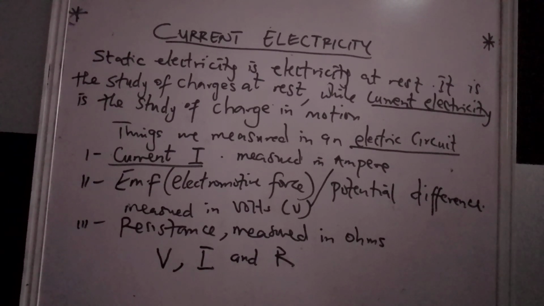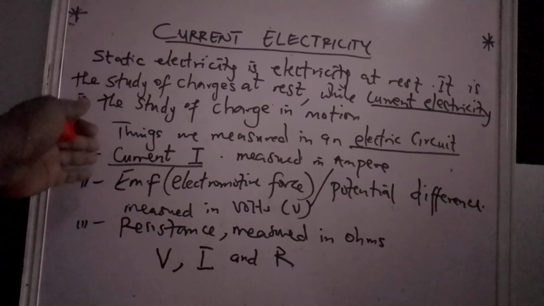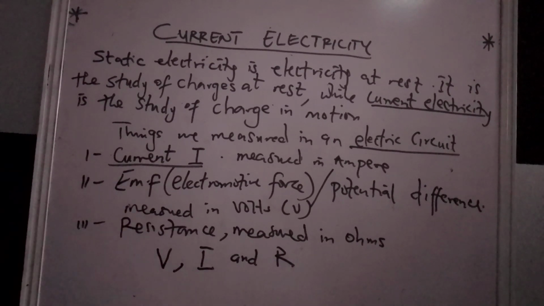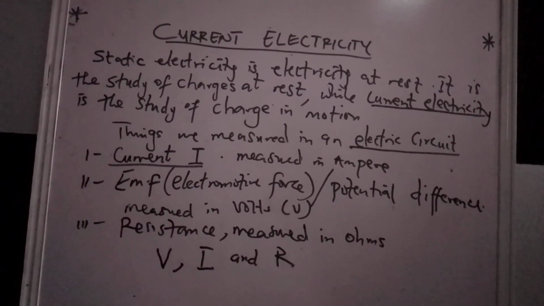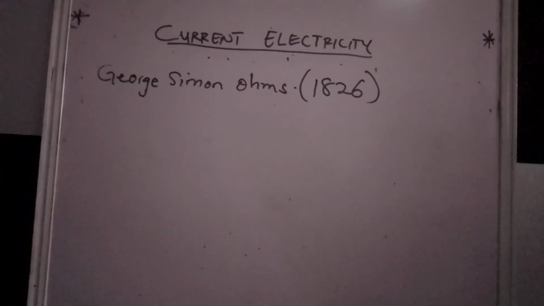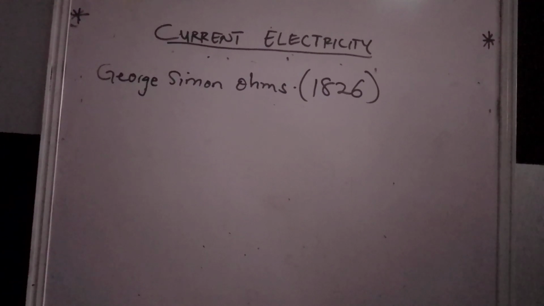So there is a relationship between these parameters we have defined: current, EMF, and resistance. V represents the potential difference, I represents the current, and R represents the resistance. The relationship between these three was explained by a man called George Simon Ohm. In 1826, George Simon Ohm found by experiment that there is a relationship between the current flowing through a good conductor and the potential difference across it.